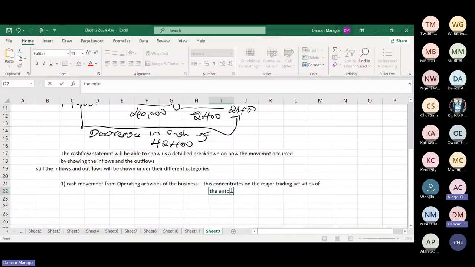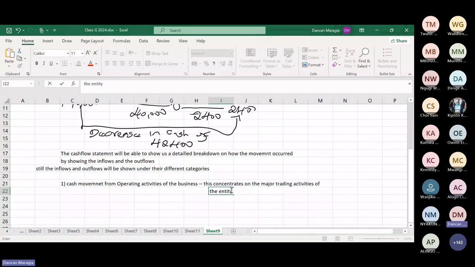For example, when we are looking at a law firm, their major trading activity is probably to offer legal services, then pay for the normal operations of the business, like rent and salaries.